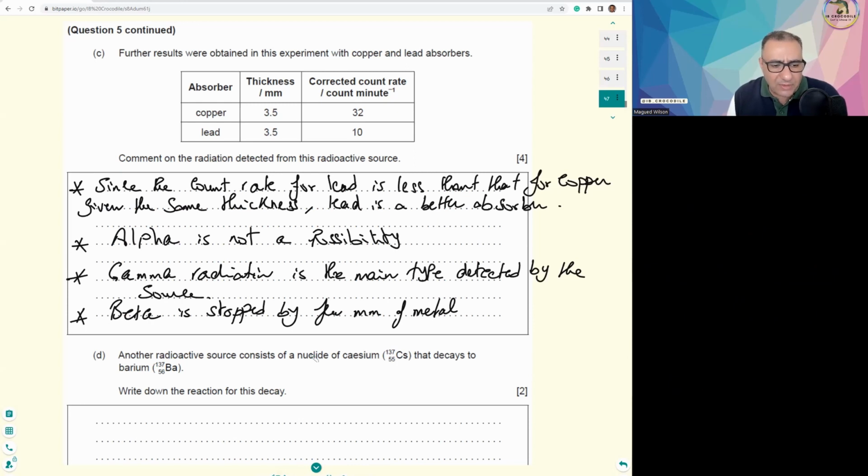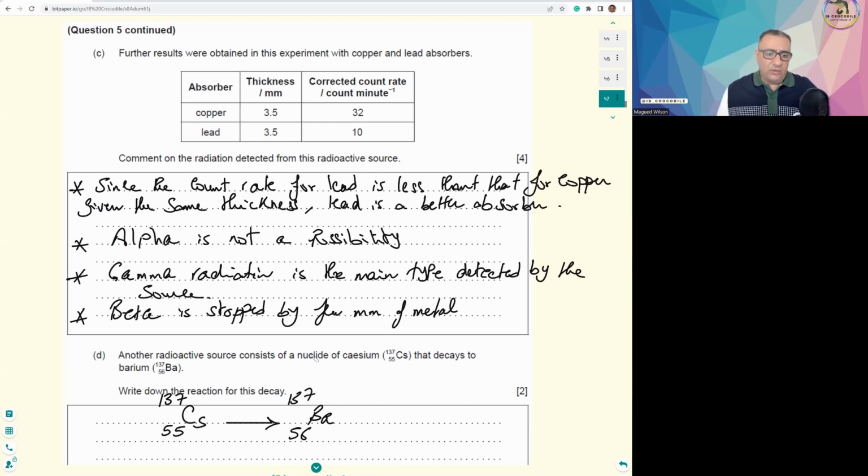Anyway, we need to write down the reaction of this decay. So we're starting with Cs. Now, the number at the bottom is the atomic number, 55, which is the number of protons, right? And then this cesium decays into barium, 56 and 137.